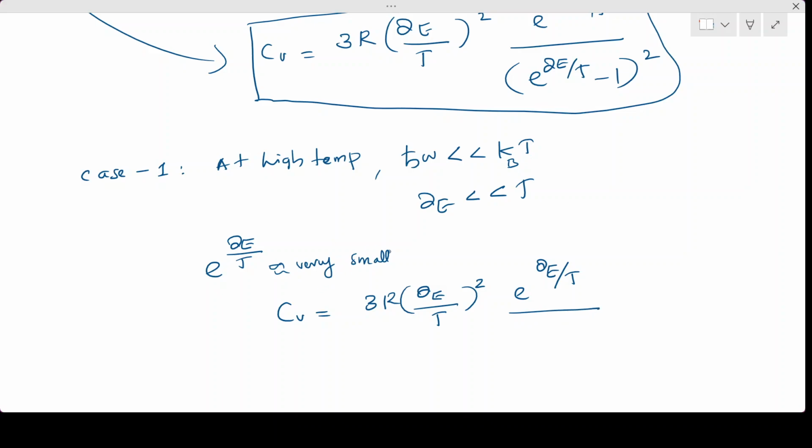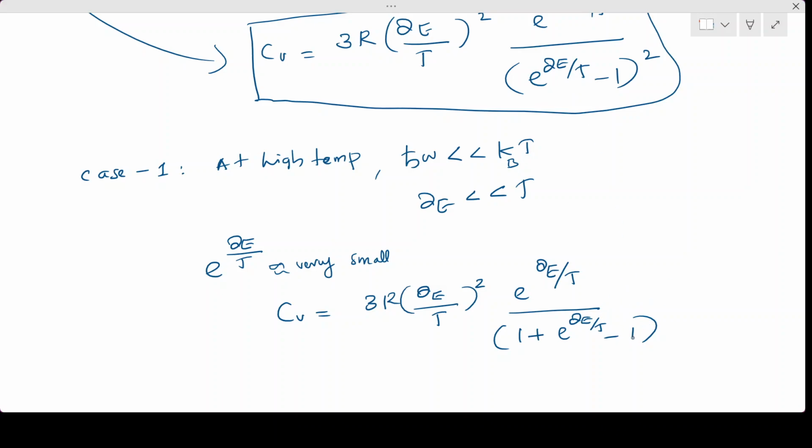So what we do here is that e raised to theta E by T minus 1 square is there, no? So we can binomially expand this term, e raised to theta E by T, here.